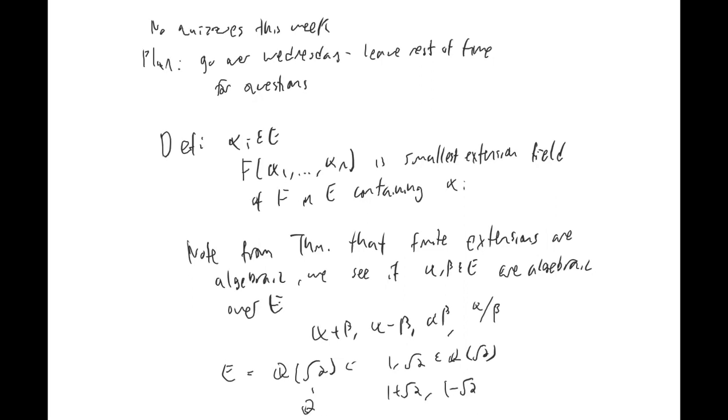So let's continue with algebraic closure. The idea is, what happens when you just keep adjoining all algebraic elements? We get a bigger field.